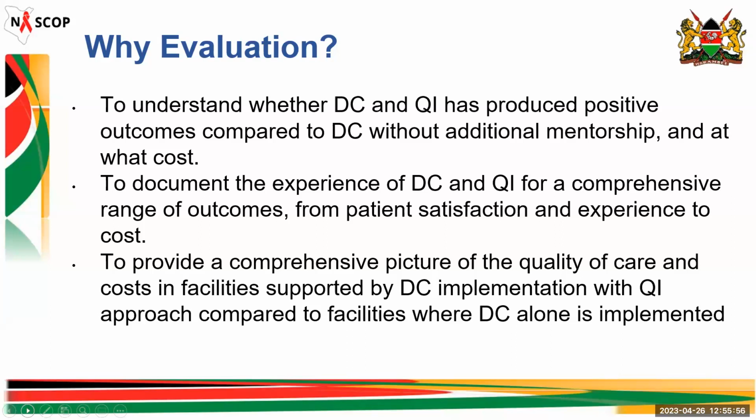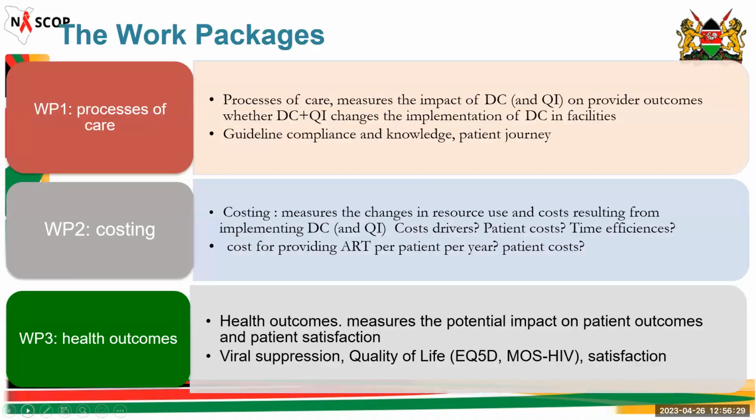We wanted to also document the experience of DC and QI for a comprehensive range of outcomes, and we looked at patient satisfaction as well as experience in terms of cost. The other objective was to provide a comprehensive picture of the quality of care and cost in facilities supported for DSD implementation with QI approach, compared to facilities where DSD was happening organically without the additional support for QI mentorship.